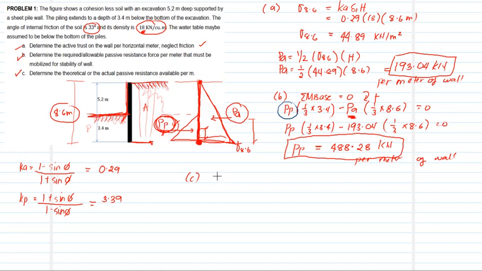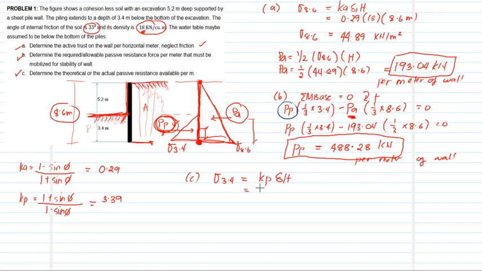So, our pressure here at 3.4. Solve muna natin yung pressure natin dito. Then, you just have to get the area. Yan yung force natin dyan. So, pressure at 3.4 is equal to, that is KP, unit weight ng soil, tapos yung height.